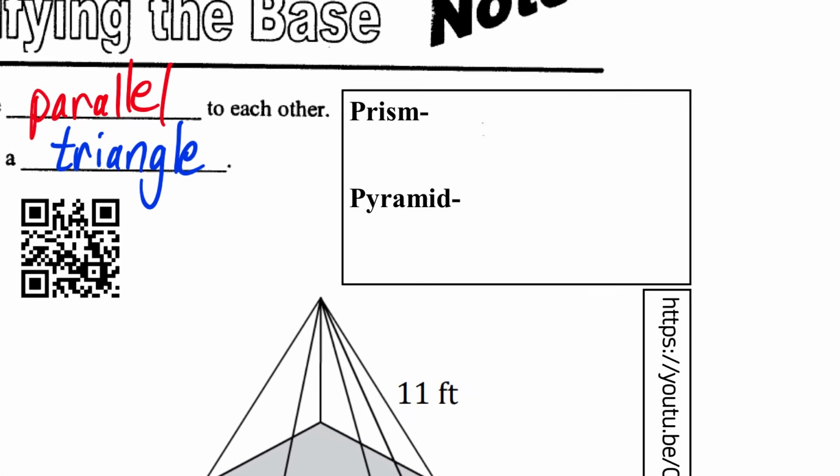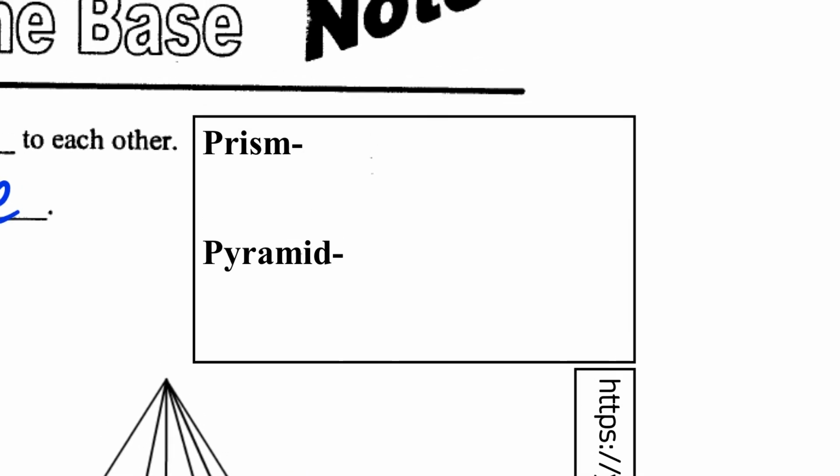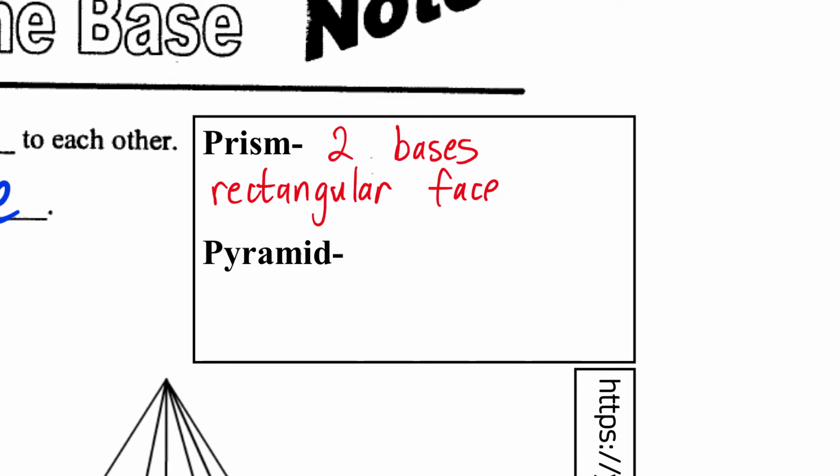So how do we tell the difference between a prism and a pyramid? A prism always has two bases, and it has rectangular faces.